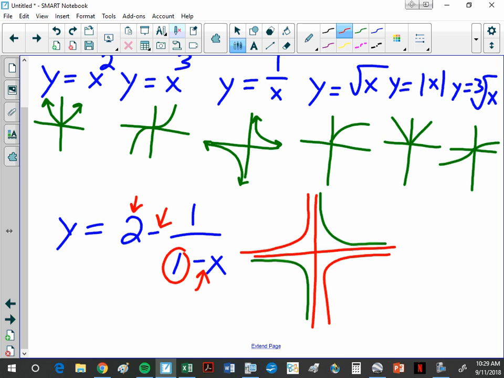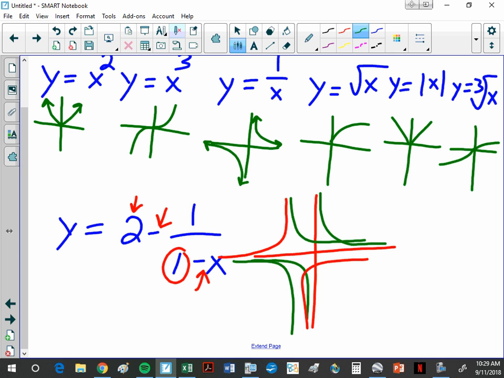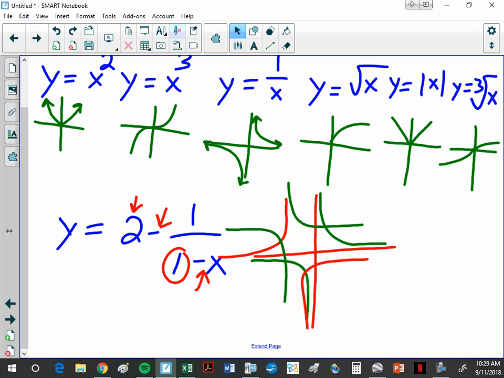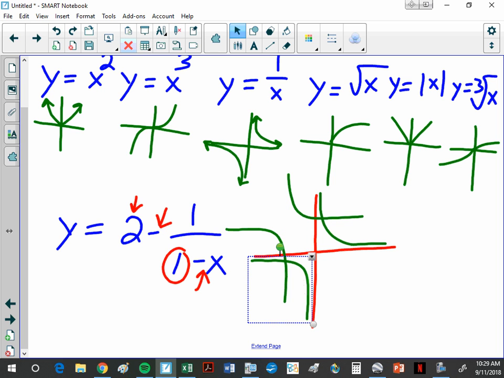Then I have to move that to the left 1, and then I have to flip it upside down. So I end up with this and this, and then I have to add 2. So I would lift it up 2, which is kind of hard to see, but that's the final result. Like that.